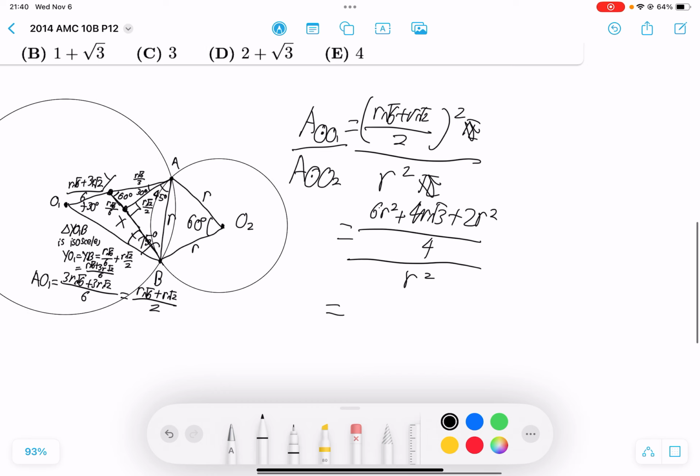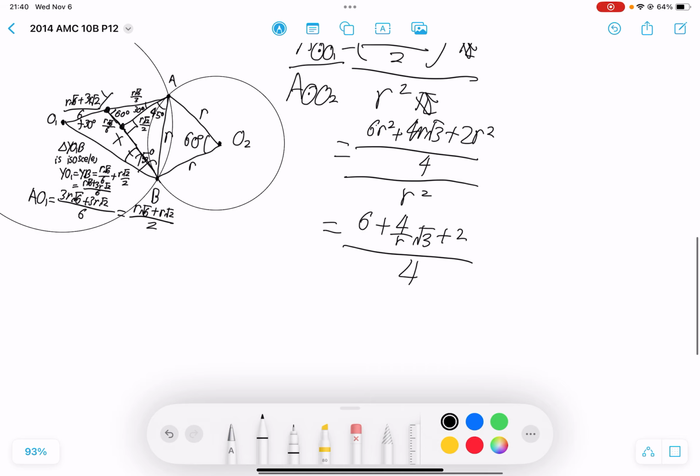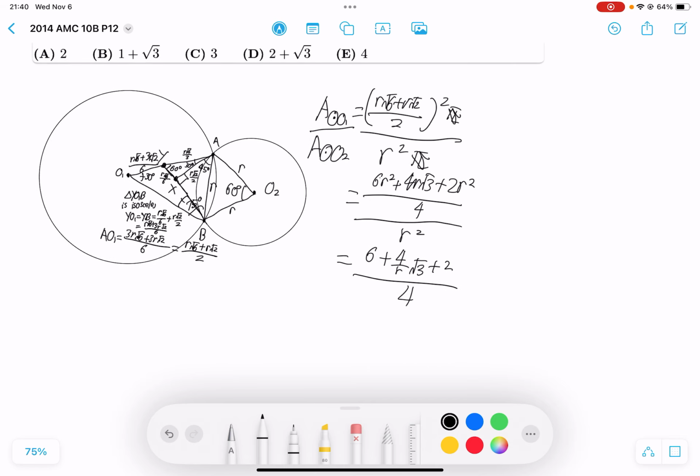Okay, so this basically means we have 6 plus 4 root 3 plus 2 over 4.